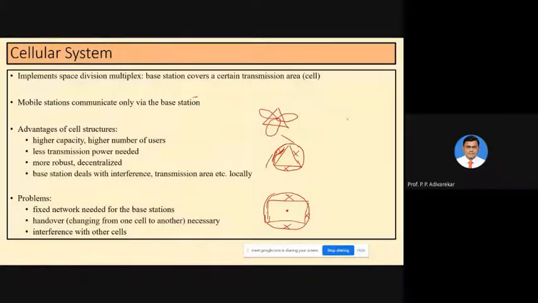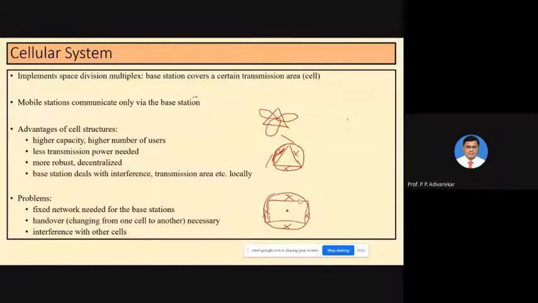A rectangle is also not close to the circular pattern because a lot of area remains uncovered. You can take a pentagon or several other shapes also, but the more sides the shape has, the more complex it becomes to construct the particular shape or circle.